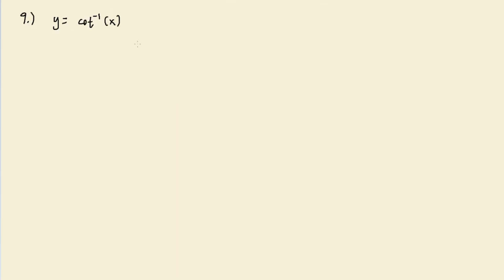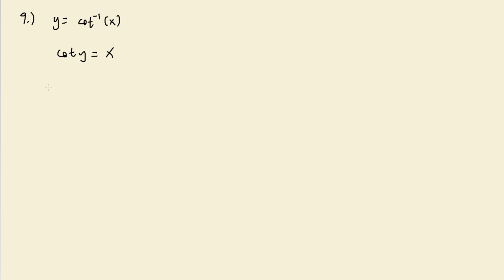All right, last but certainly not least, in our examples of implicit differentiation, we have the derivative of the inverse cotangent of x. And this one's a little bit simpler than inverse secant or inverse cosecant. It's going to start the same way. We have cotangent of y is equal to x. Then we're taking the derivative of both sides with respect to x.